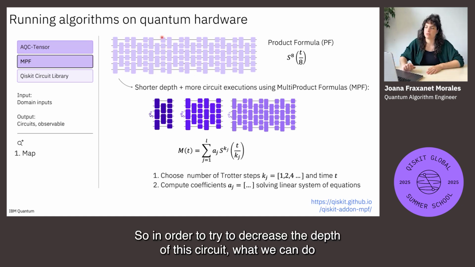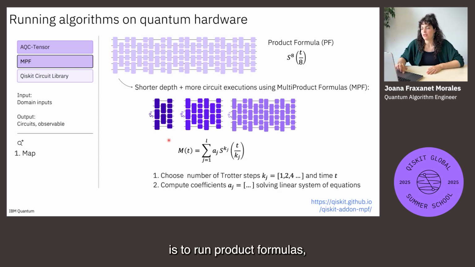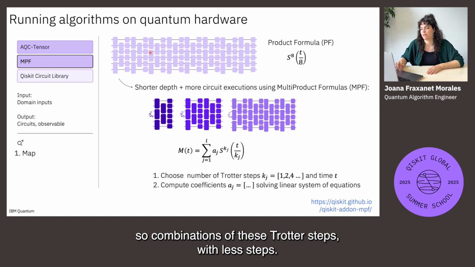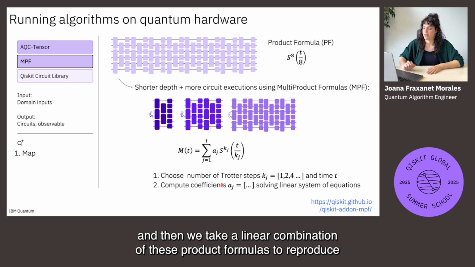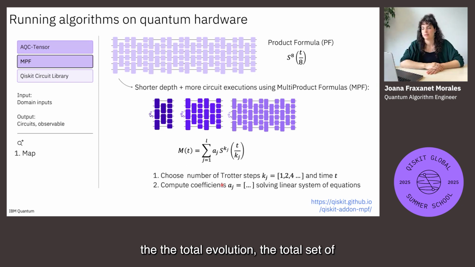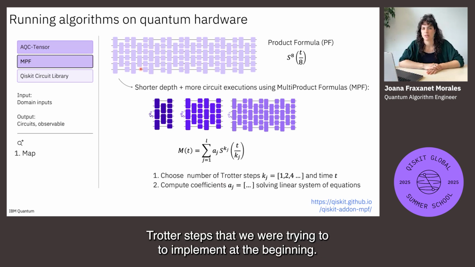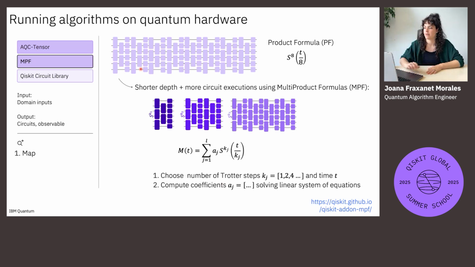So in order to try to decrease the depth of this circuit, what we can do is to run multi-product formulas, so like combinations of these trotter steps with fewer steps. So here we have 1, 2, or 3. And then take a linear combination of these product formulas to reproduce the total evolution, the total set of trotter steps that we were trying to implement at the beginning.